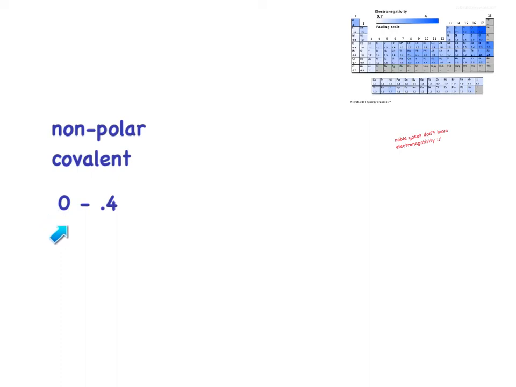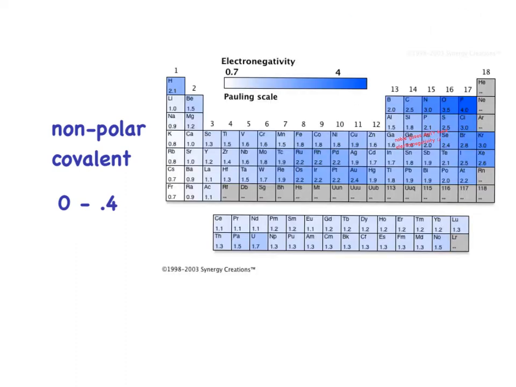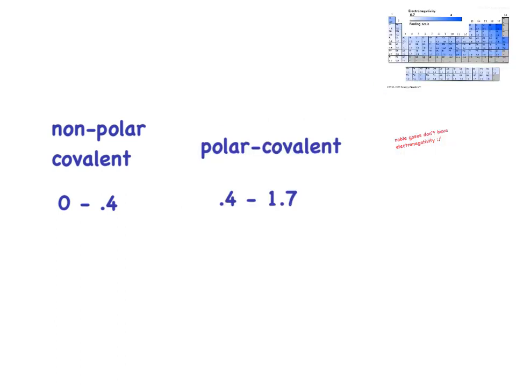Or you could have a carbon and hydrogen bond, hydrogen being 2.1 and carbon being 2.5. That's a difference of 0.4. So carbon and hydrogen would be a nonpolar covalent bond, just like two hydrogens would be. If the difference in electronegativities is in the range of around 0.4 to around 1.7, then that bond is going to be considered polar covalent.